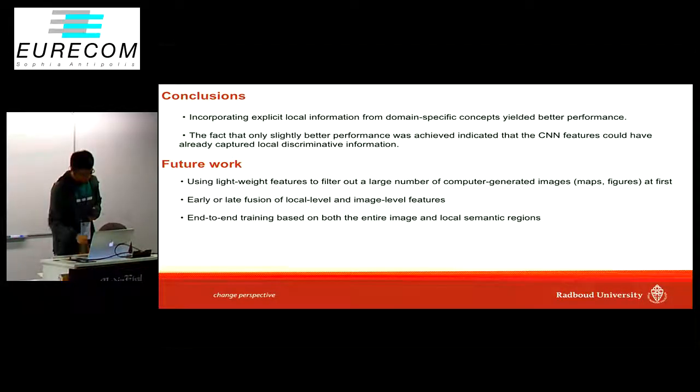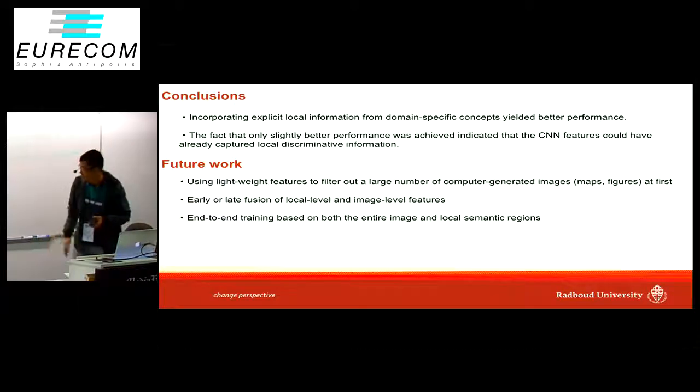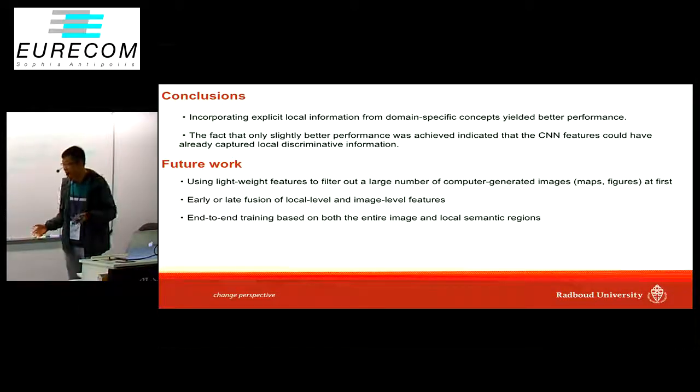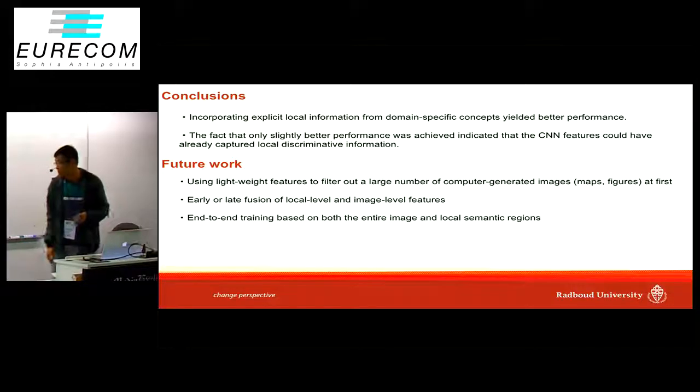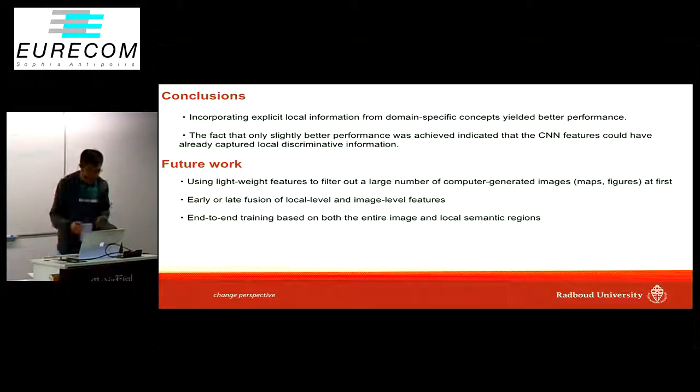In the future, based on the observation that there are a lot of maps or figures in the no-evidence images, we can also use very lightweight features to filter out a large number of computer-generated images at first. And because in this approach we didn't use any fusion of features and no training process, I think we can further use this kind of technique to improve the classification. Okay, thank you.